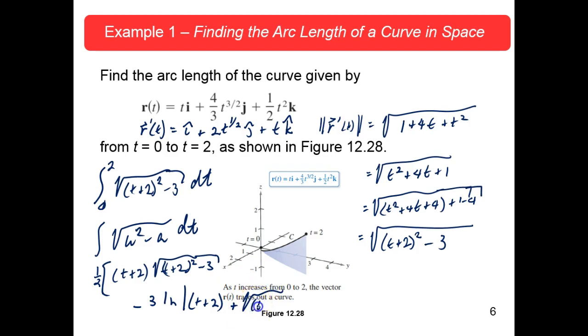Okay? That should be in absolute value bars. Plus c. Okay, we don't need plus c. That's where we evaluate from 0 to 2. Now, I hope I wrote it down right. I think I did.